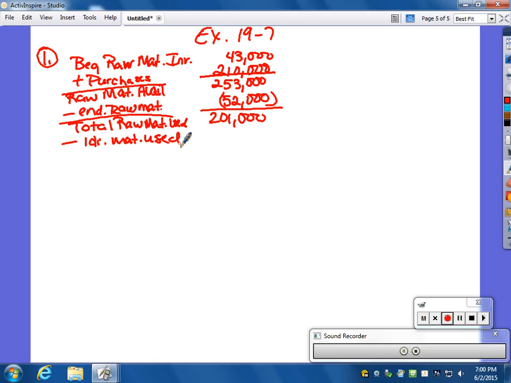How much are indirect materials? 15,000. And that gives us what, 201,000 minus 15,000? 186,000.